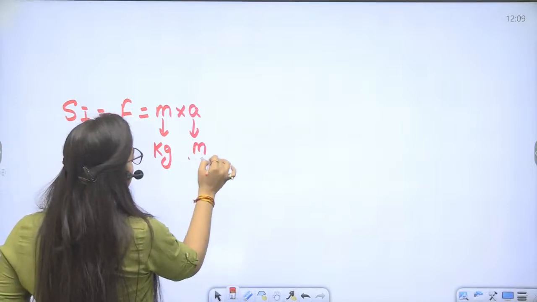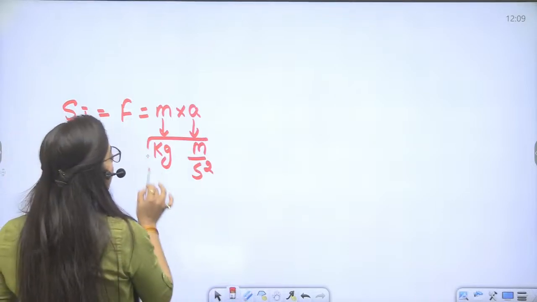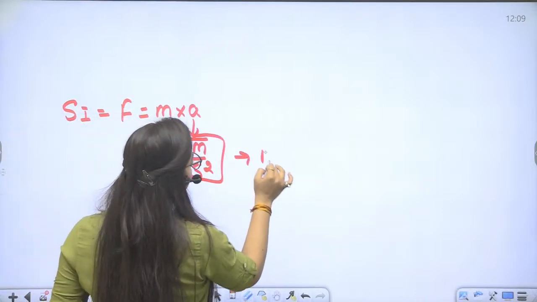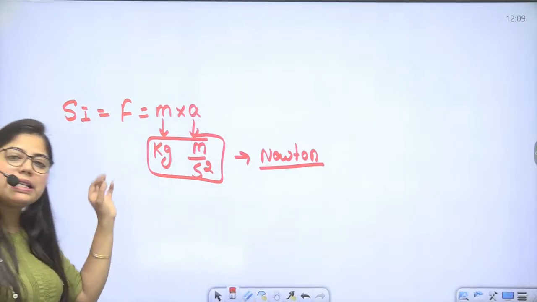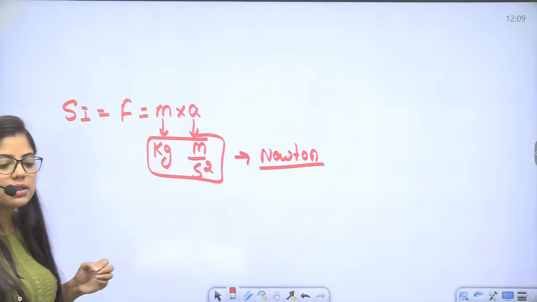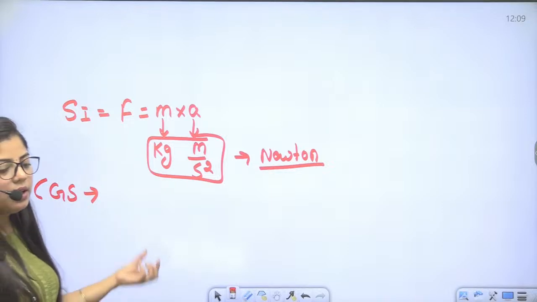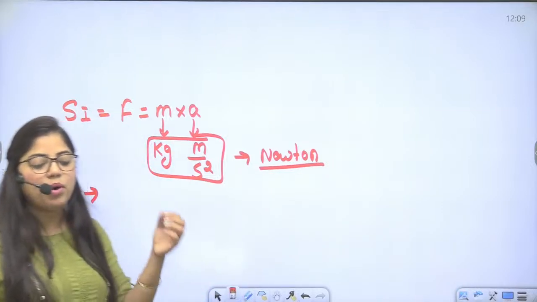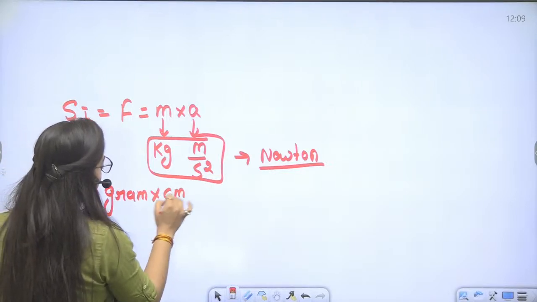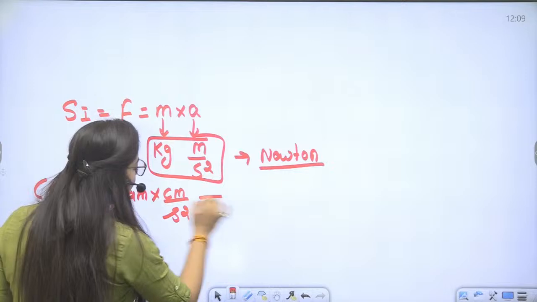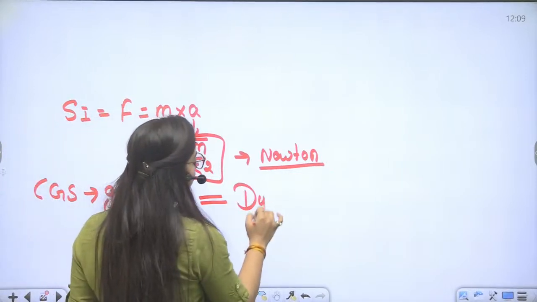When we calculate it, the SI unit of force is Newton, right? In the CGS system, how do we calculate the force unit? Gram into centimeter upon second square becomes the unit of force, dyne, right?